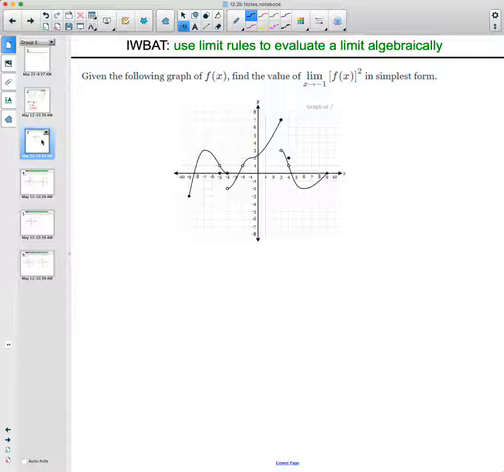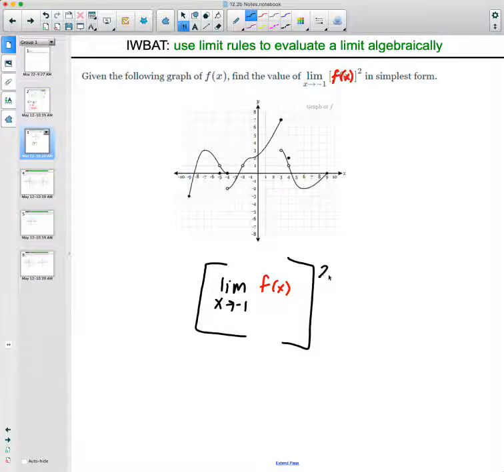So given the graph of f of x below, find the value of the limit as x approaches -1 of f of x squared. So again, we've got this f of x inside this function. So we can actually do the limit as x approaches -1 of f of x and then square that.